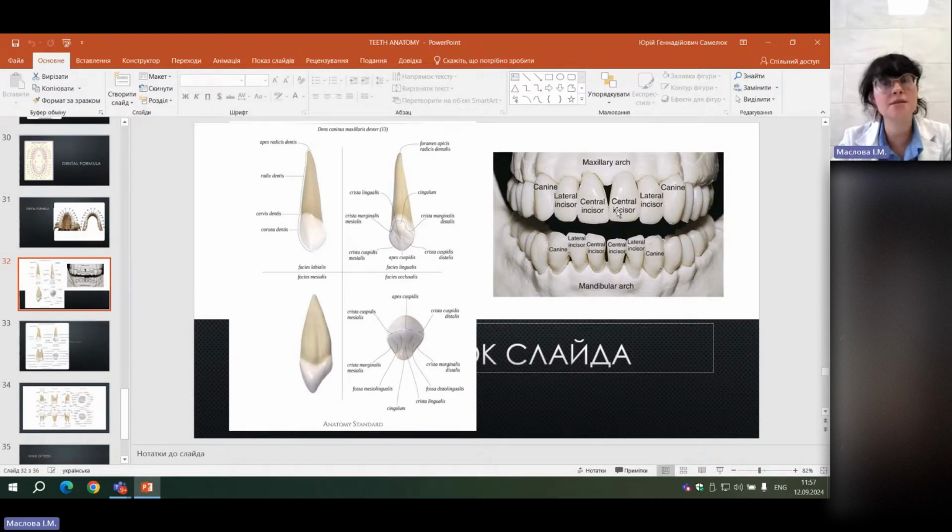The same kit means that the upper jaw and lower jaw each have central incisors, lateral incisors, canines, and also premolars and molars. The incisors, upper and lower, and the canines, upper and lower, have one root.